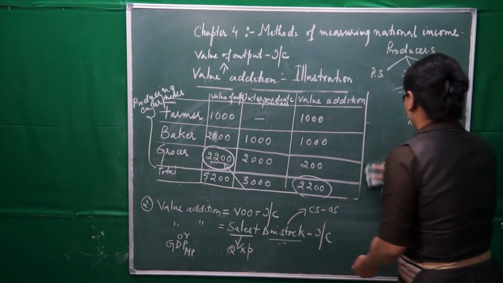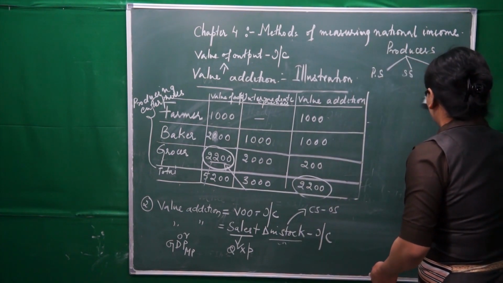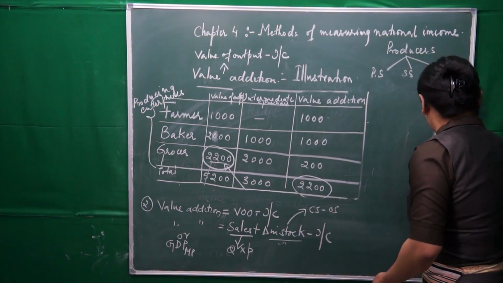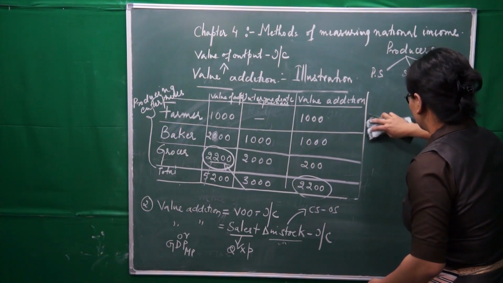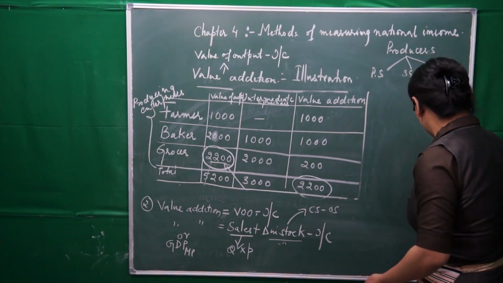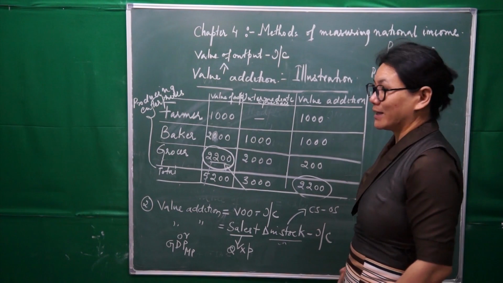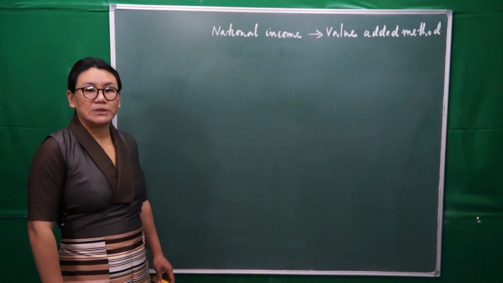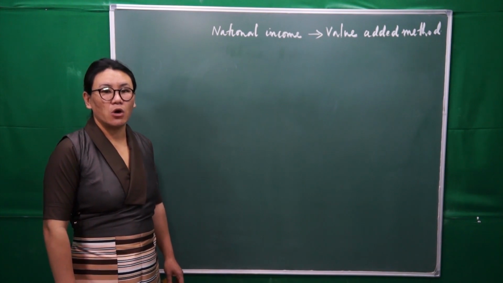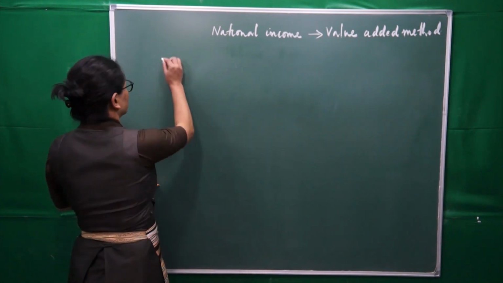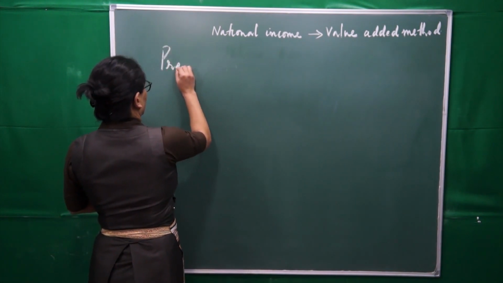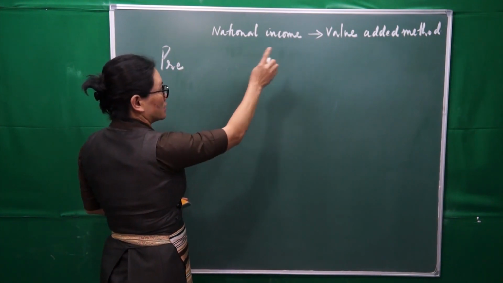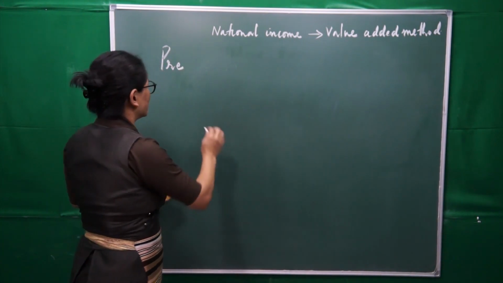So now you have seen the formulas for value addition method. Now we will see the precautions that we have to take while estimating national income using the value added method.